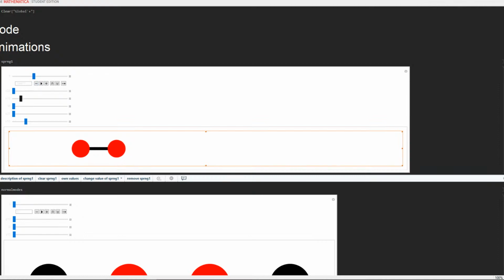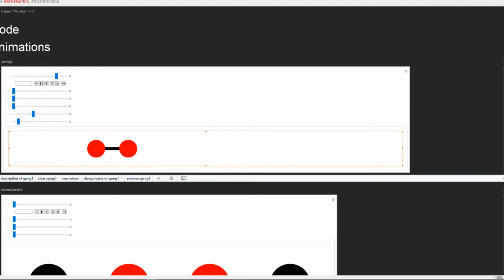And then we can also see that if we just kick, say, the second mass a little bit harder than the first mass, so the second mass has a higher initial velocity than the first, then it's still going to oscillate, right?